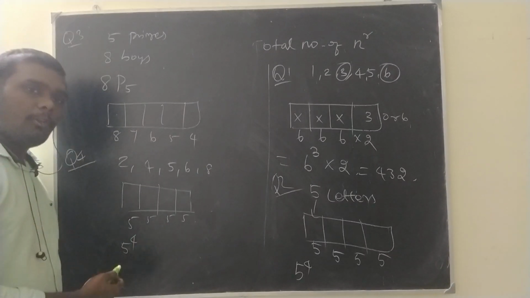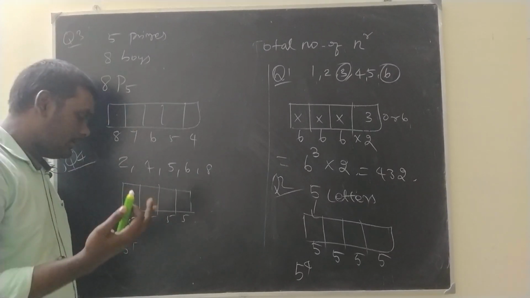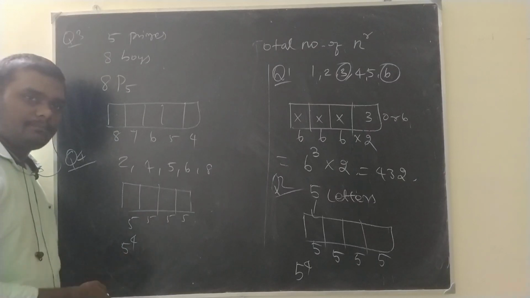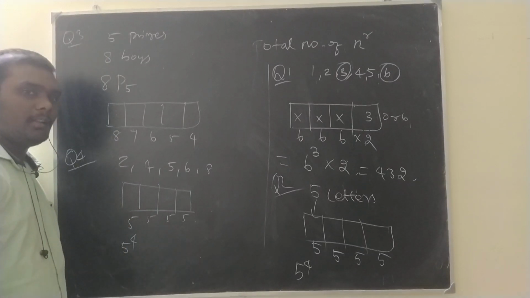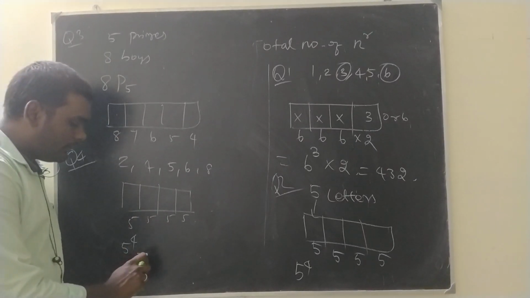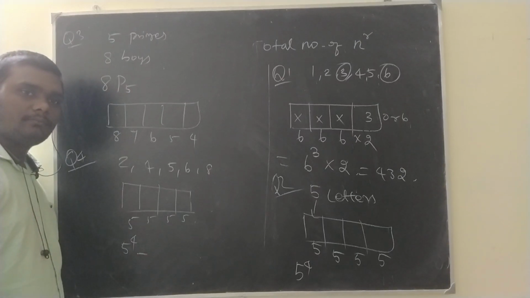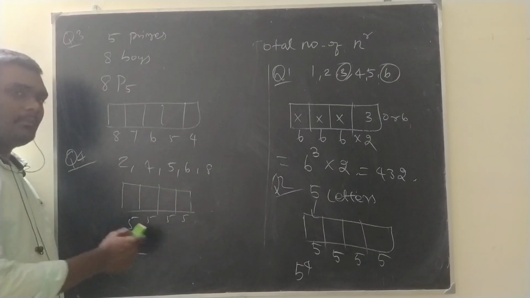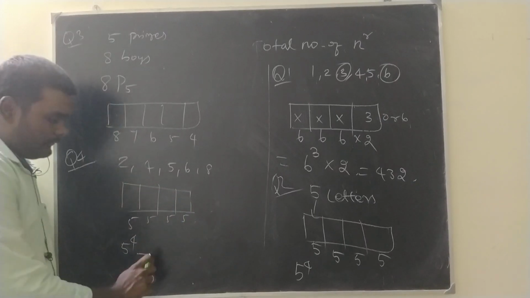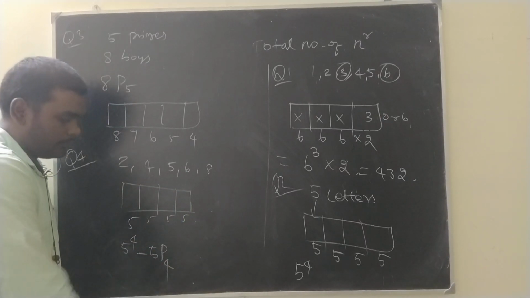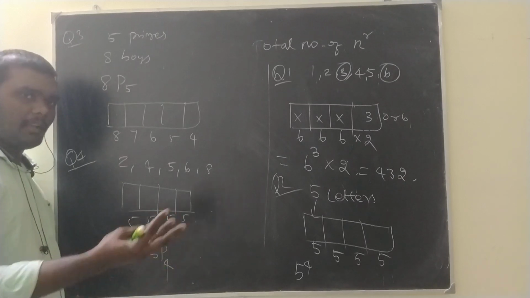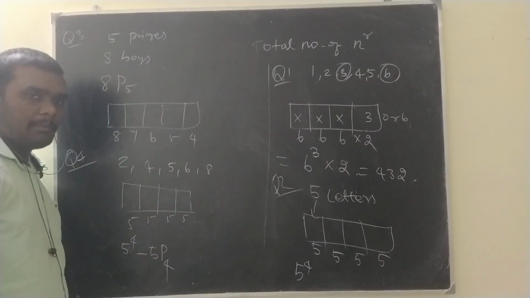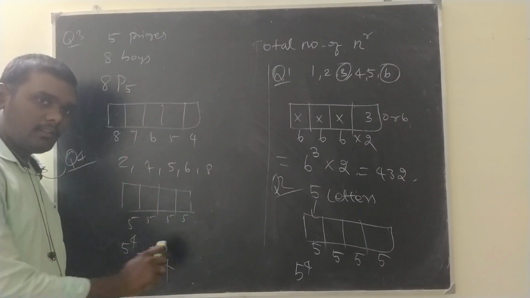In this 5 power 4, the no-repetition numbers are also inside. So those with no repetition we should subtract from this. When repetition is not allowed, how many ways can we frame this 4-digit number? 5P4, that is 5, 4, 3, 2. Clear? Any doubts on this?